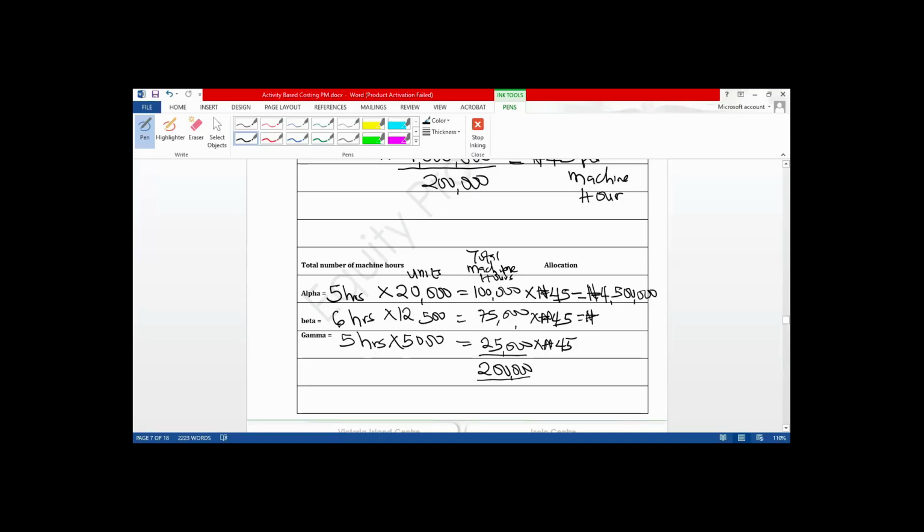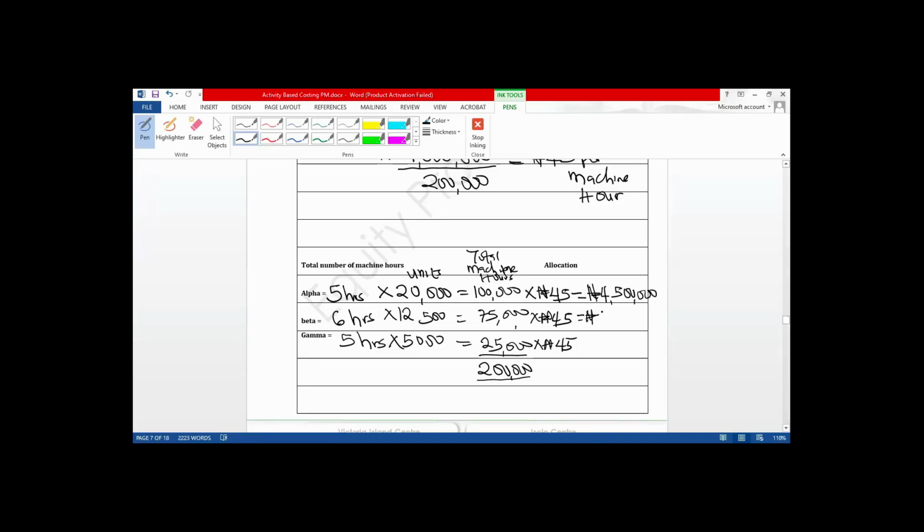Look at this now. 75,000 hours of machine is used to produce Beta. And we said machine rate is 45 naira per machine hour. 75,000 multiplied by 45 gives 3,375,000.